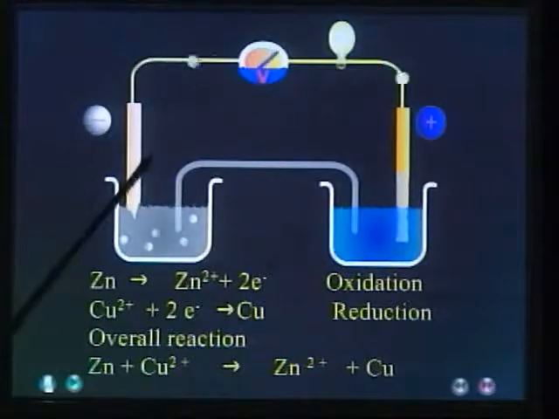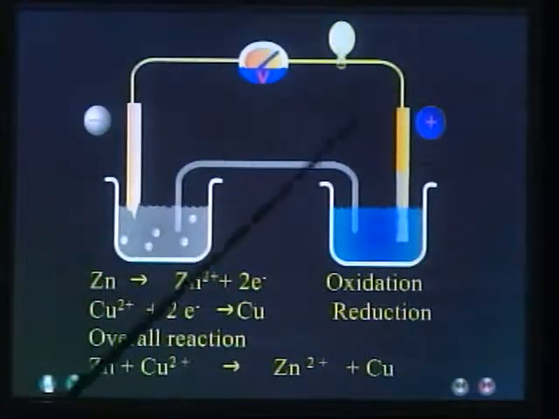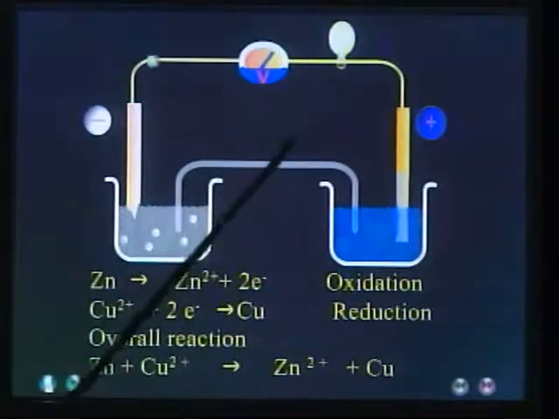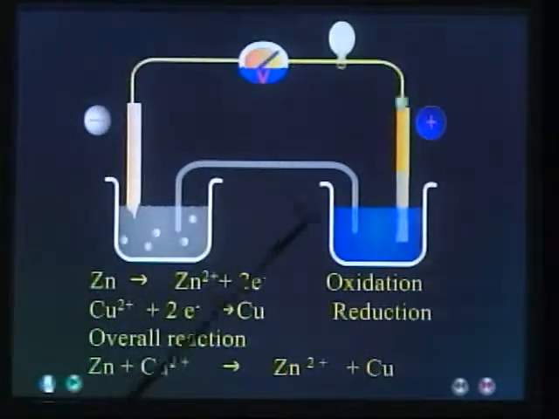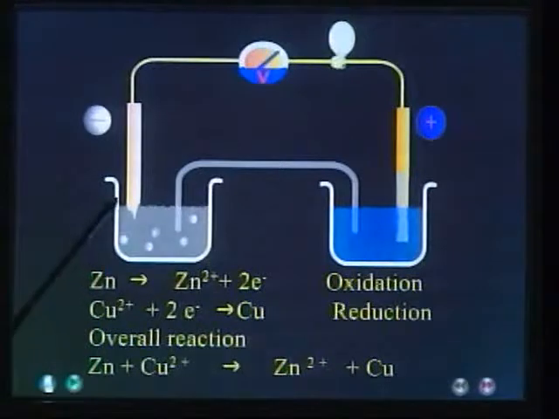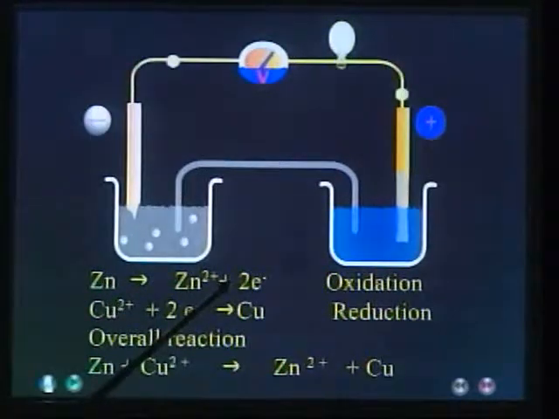To understand which of these two electrodes is acting as anode and cathode, we have to see the reactions taking place in the two compartments. In the first compartment, it is seen that the zinc rod present in the solution is undergoing oxidation and giving rise to Zn2+ and 2 electrons.